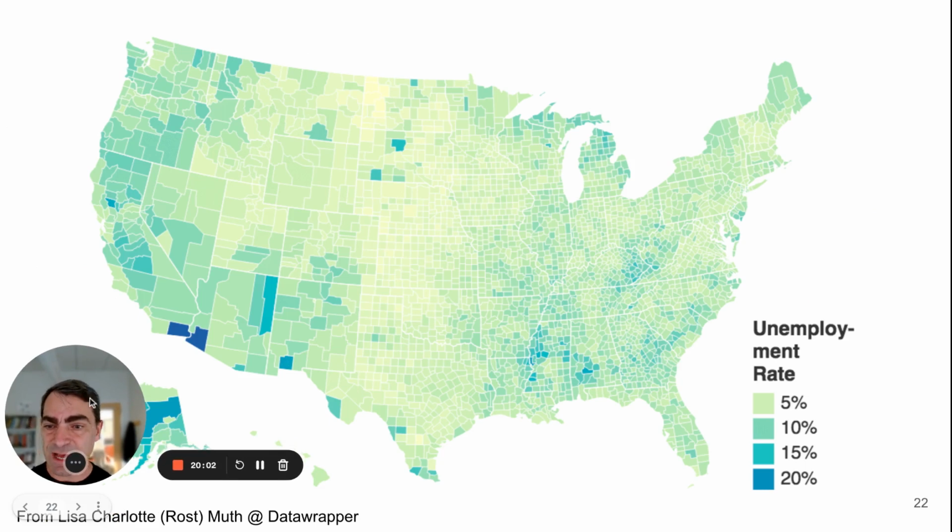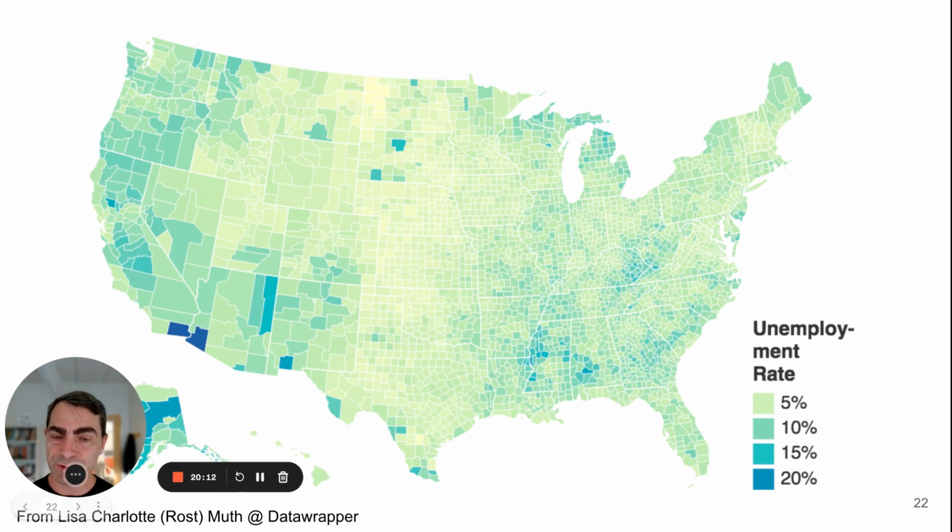an interesting set of maps coming from Lisa from Datawrapper. She, by the way, creates really beautiful tutorials, including many on color. And this comes from one of the many tutorials that she created on color. And what do we have here?